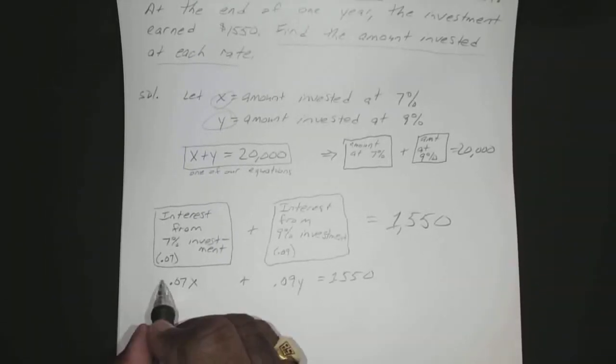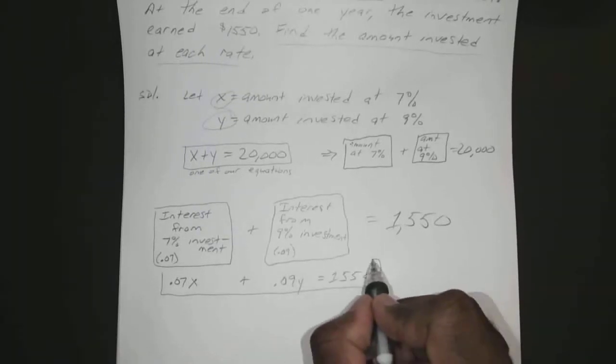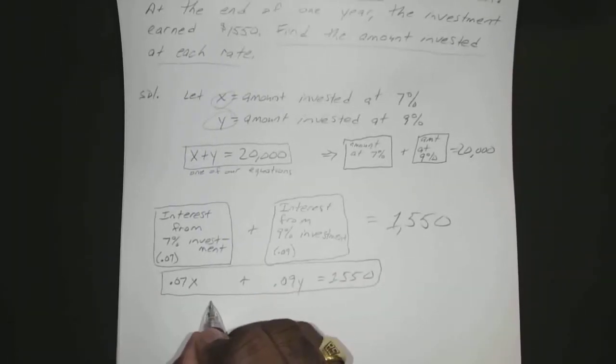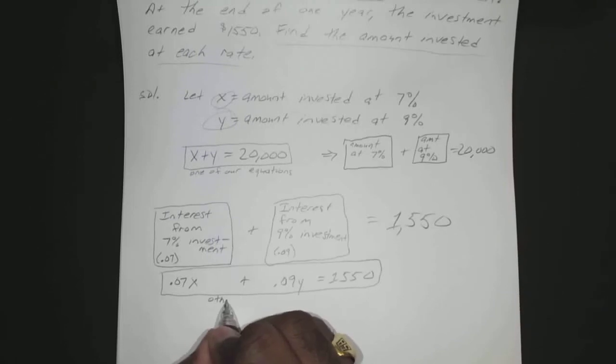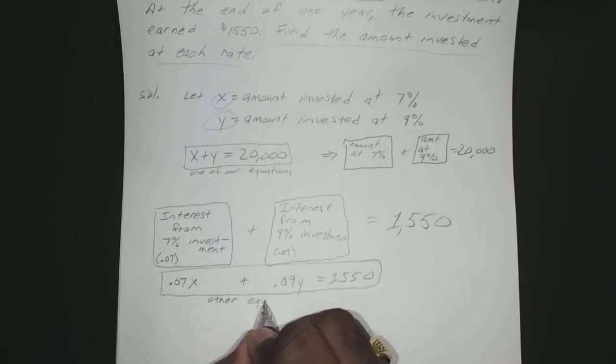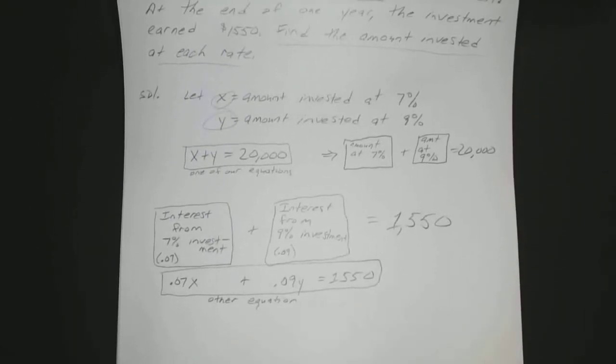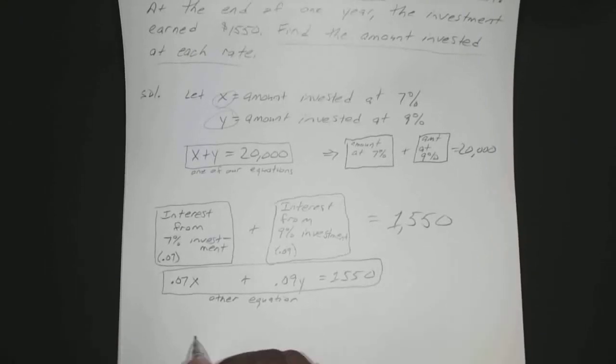This gives us our second equation. Does that make sense? Now we have both of our equations. That gives us our system.